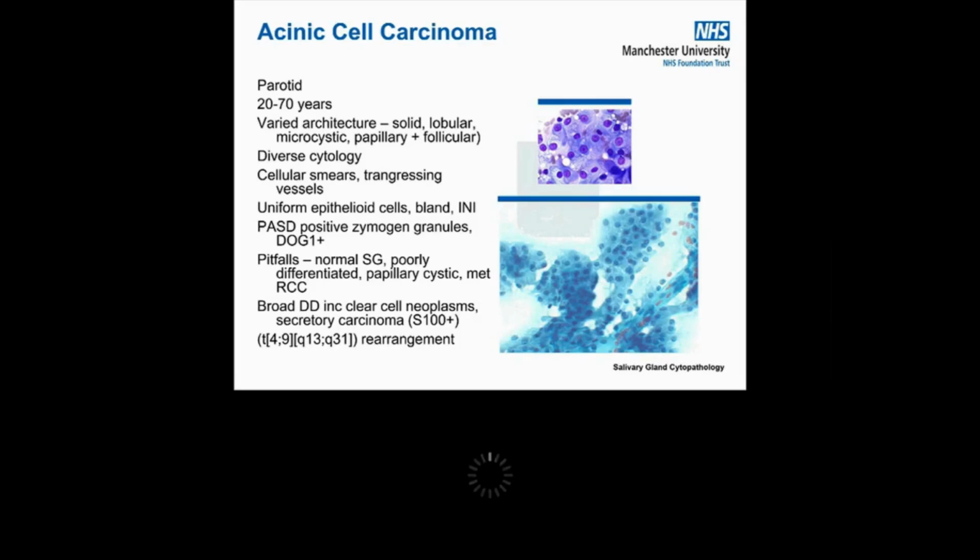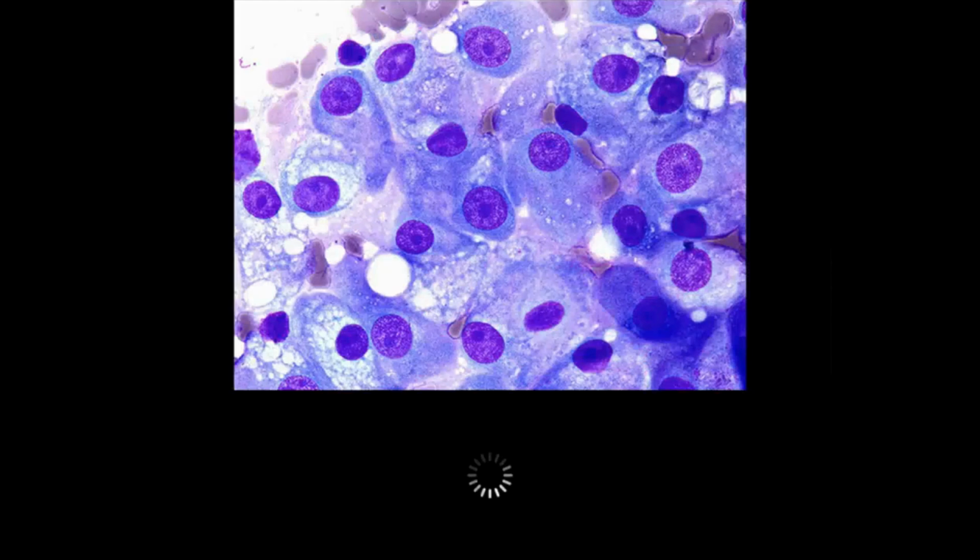And they have a typical rearrangement, which is stated there. Here we can see the neoplastic cells with round to ovoid nuclei, prominent nucleoli, and abundant granular to clear cytoplasm.